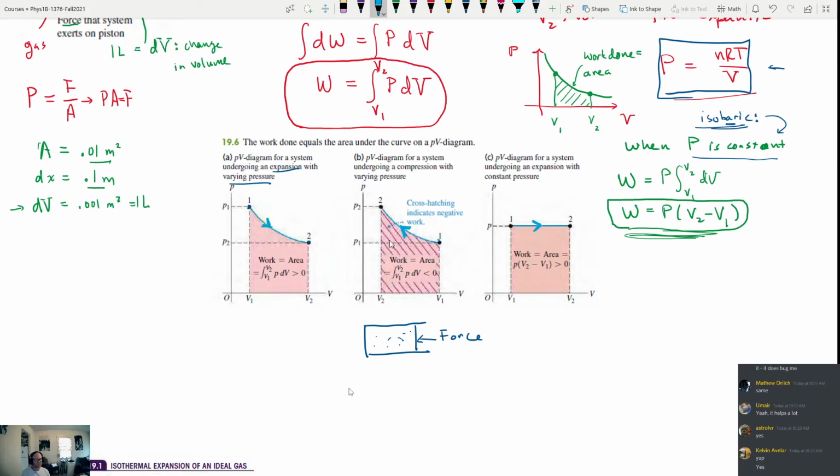Area here is negative. Do you all understand why the area here is negative? How else can you get negative area? Just think about calculus. Not thinking about physics at all. How else do you get negative area?